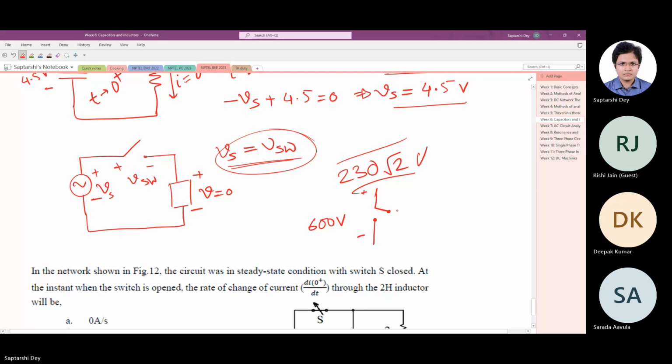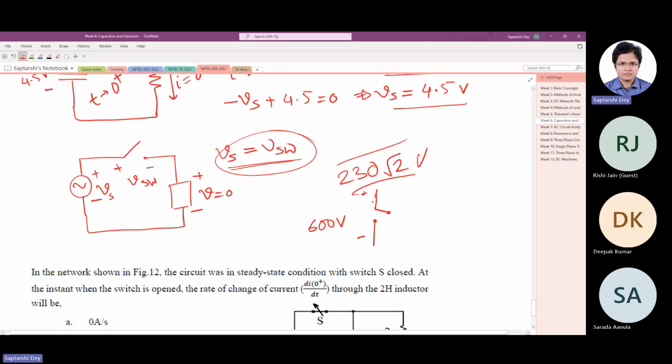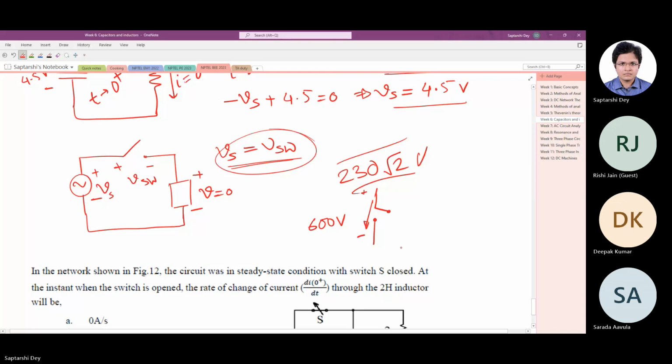Fail means it will go through dielectric breakdown. This 600 volt, because it is not designed to withstand 600 volt, will cause dielectric breakdown through the switch and current will start flowing. This is why a switch is rated for both current and voltage.